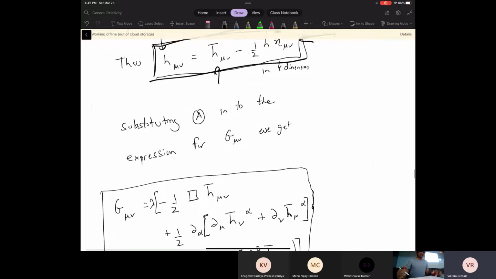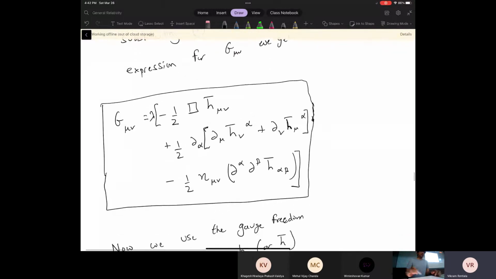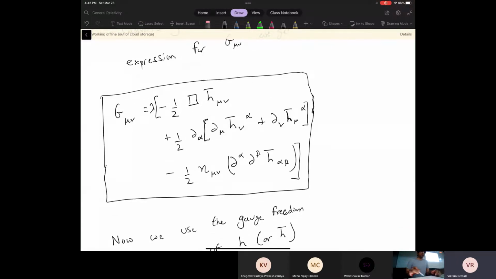This leads to a considerable simplification. So g mu nu in terms of h bar, I won't show all this, but what you get is lambda times minus half box h bar mu nu, plus half box partial alpha partial mu h bar nu alpha, plus partial nu h bar mu alpha, minus half eta mu nu partial alpha partial beta h bar alpha beta.